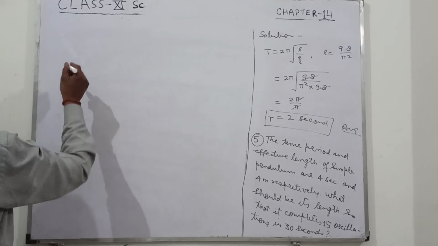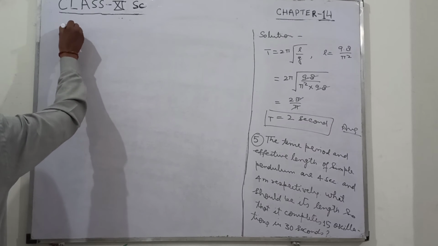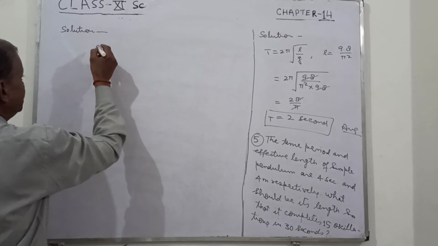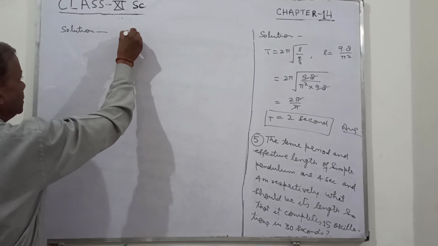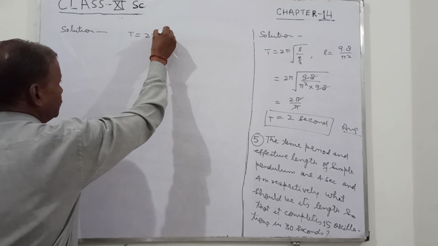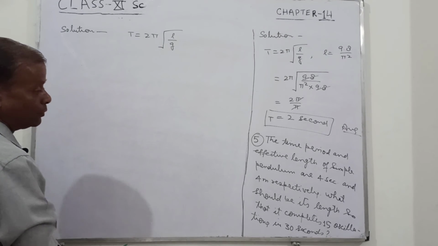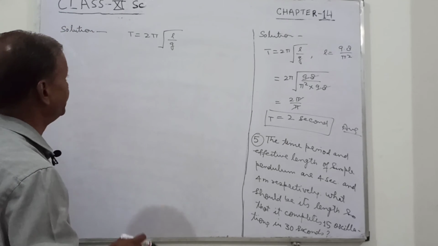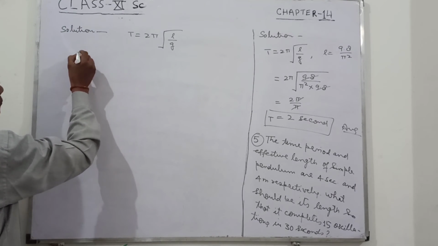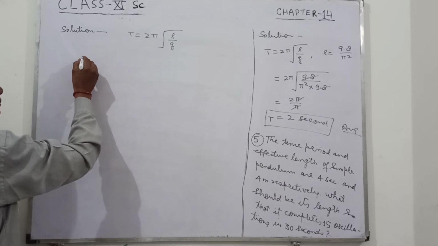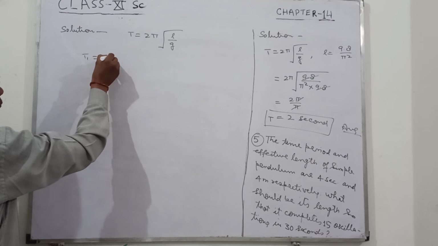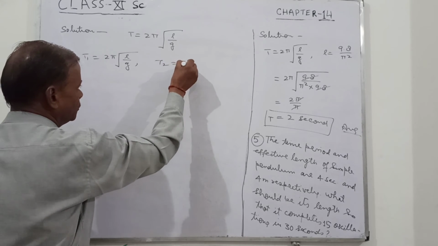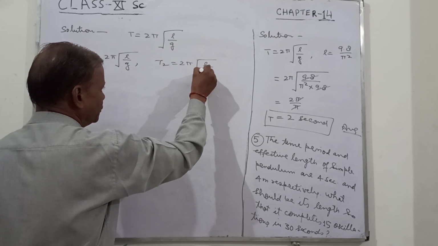Now you will have its solution. Now time period T equal to 2 pi square root of L upon g. This we know. Now this T1 equal to 2 pi square root of L1 upon g, and T2 equal to 2 pi square root of L2 upon g.